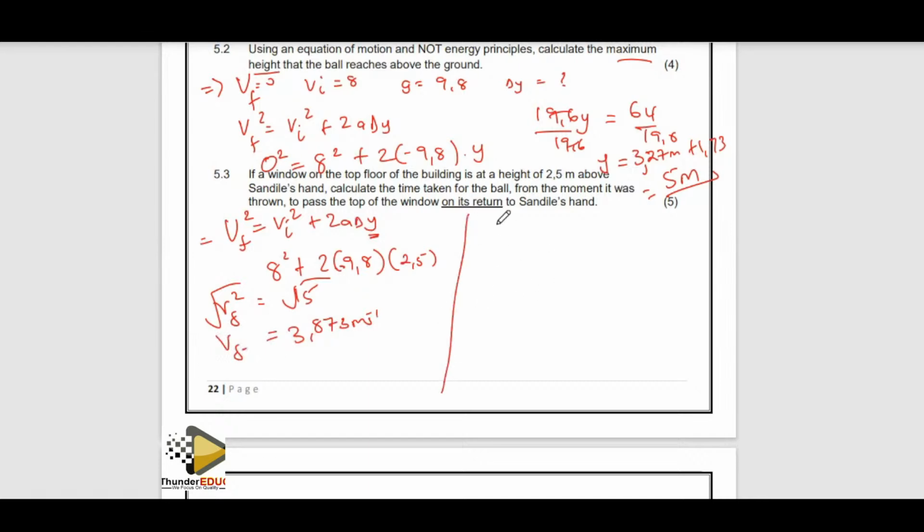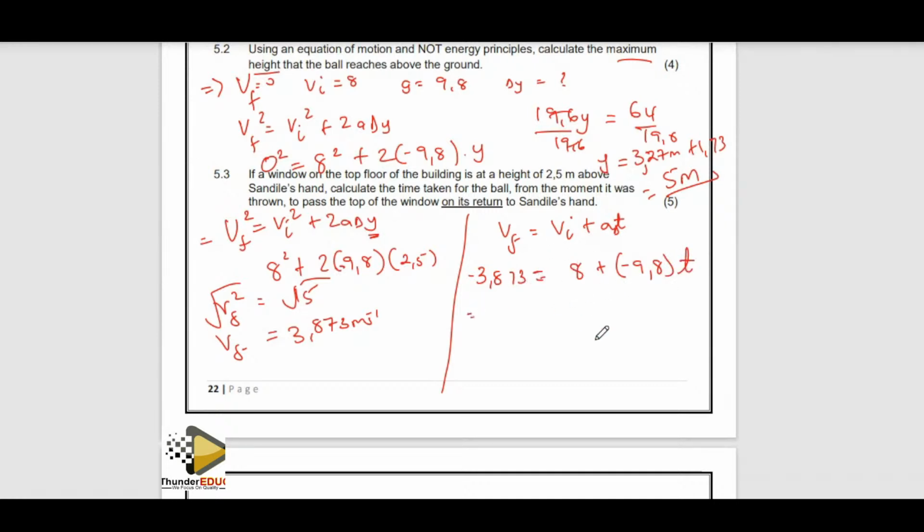And then if I use Vf is equal to Vi plus a delta t. Our V final, we have it as 3.873. It's going to be negative. And then our initial velocity was 8. Our acceleration is negative 9.8 times a certain time.